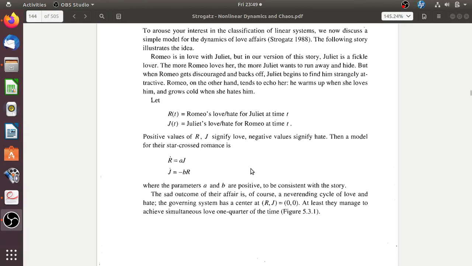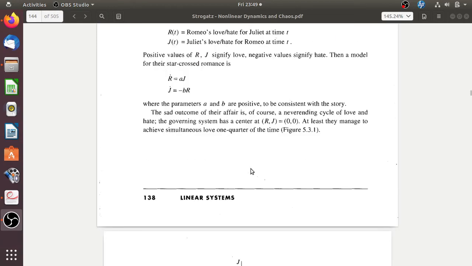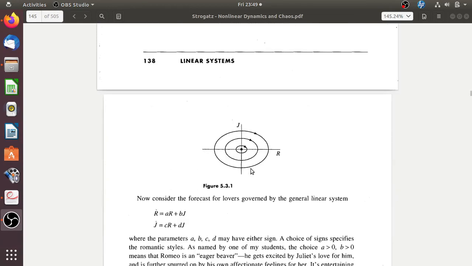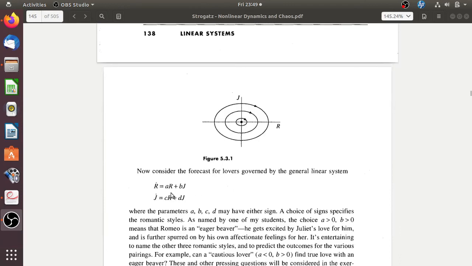Now a love story is not just limited to those two parameters. We could have a general linear system like this, where we can have four parameters, a, b, c, d. For different a, b, c and d, what is the dynamics of the love affair?